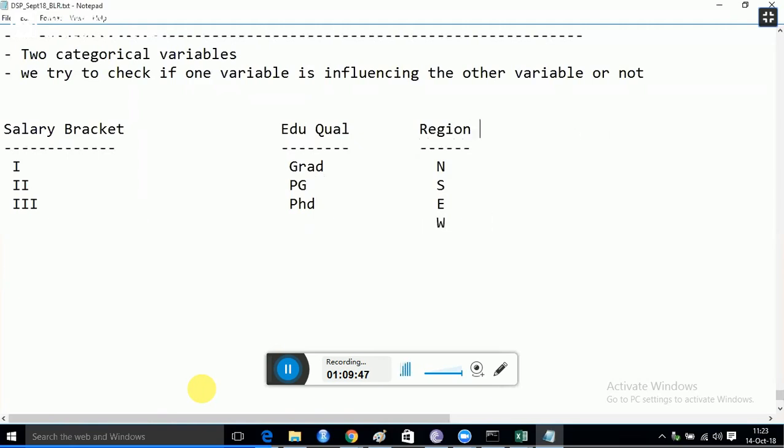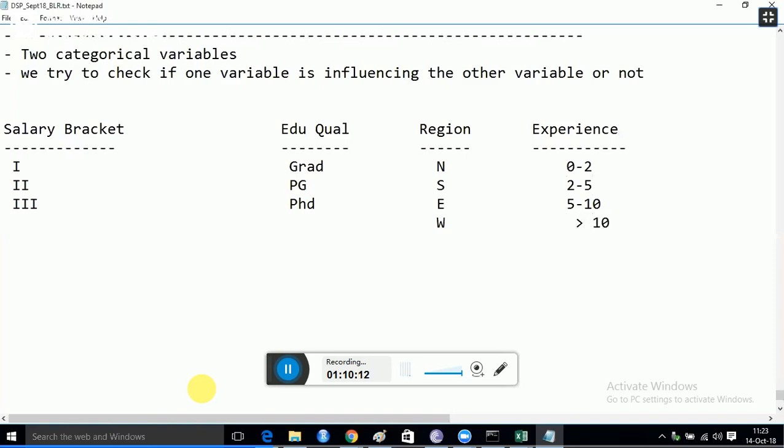And let's say I use something called experience. For experience, I'll have 0 to 2 as one bracket, 2 to 5 in another bracket, 5 to 10, and greater than 10.